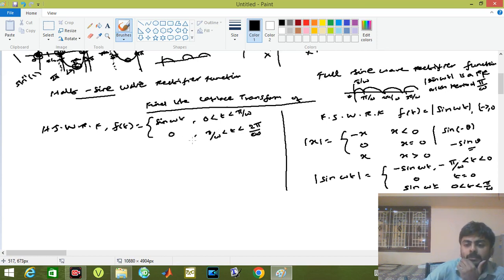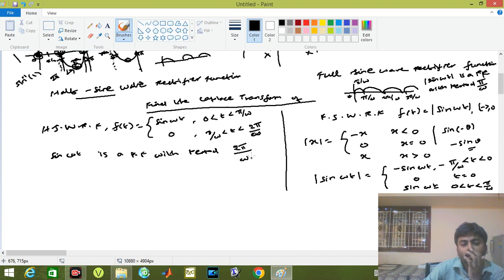Okay, now here you can write sine omega t. Here you have written modulus of sine omega t is a periodic function with period pi by omega. Here sine omega t is a periodic function with period 2 pi by omega.